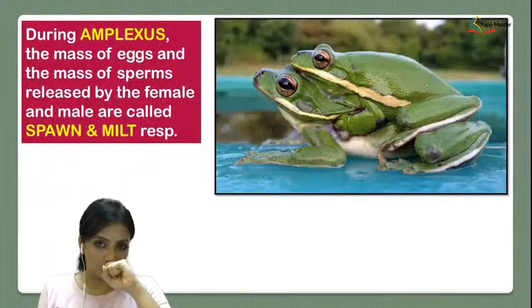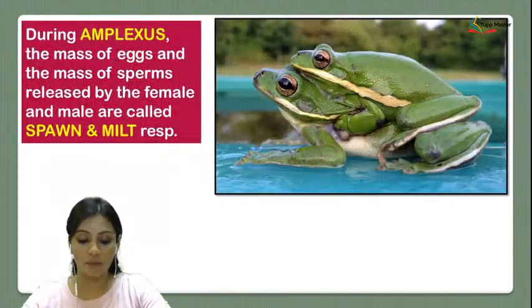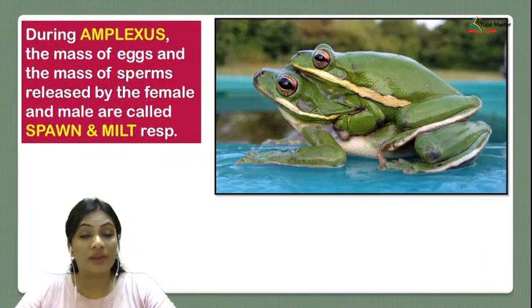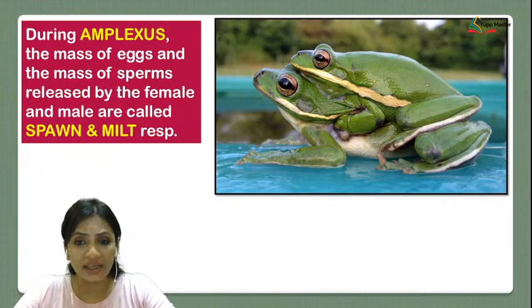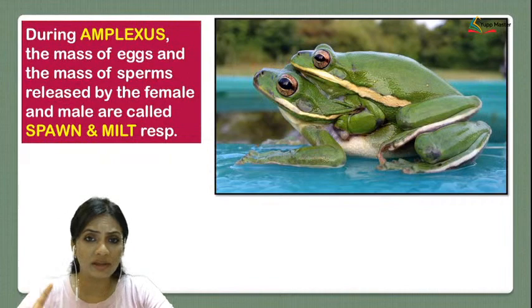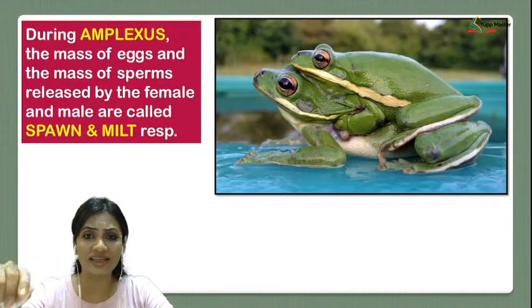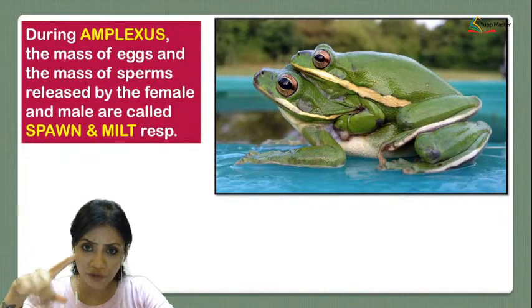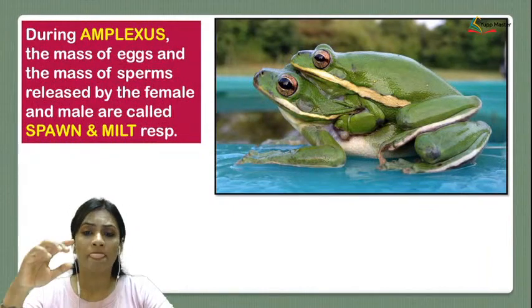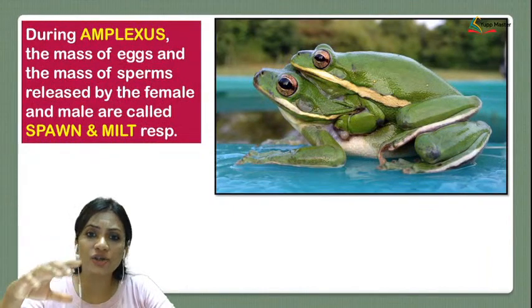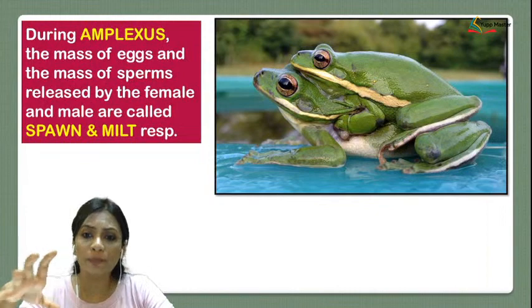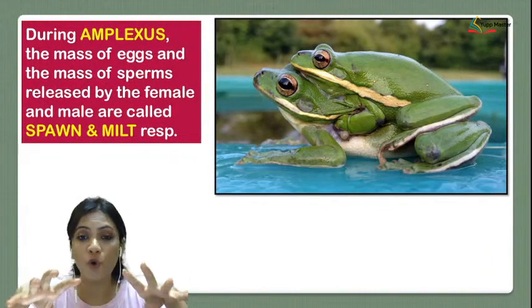Okay. Now, when the frogs undergo mating, remember that the frogs are showing sexual dimorphism. Now for sexual dimorphism, I told you that the male frog is actually going to be having copulatory pads on their forelimbs.